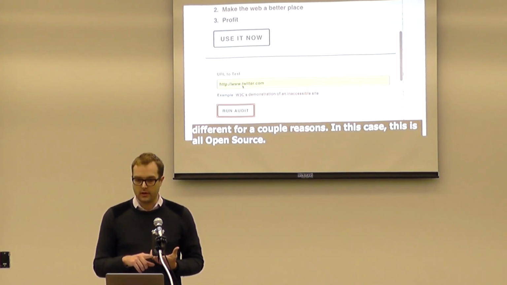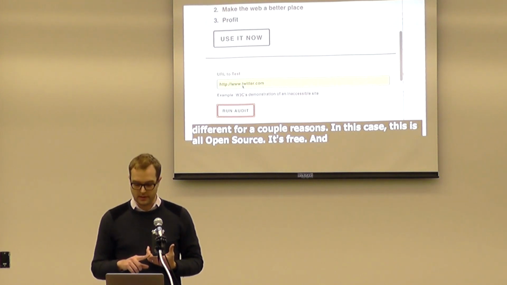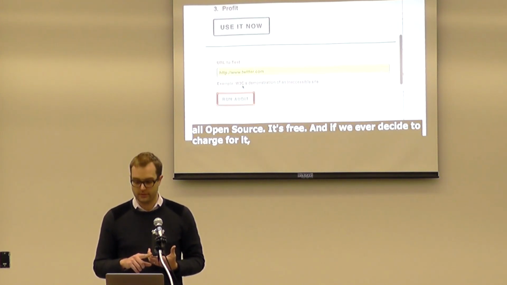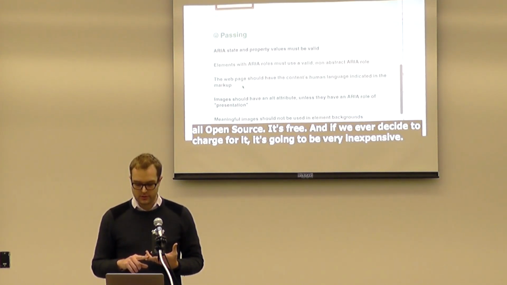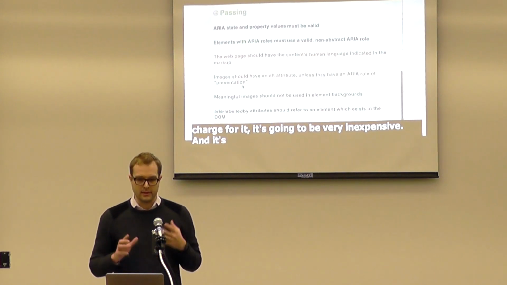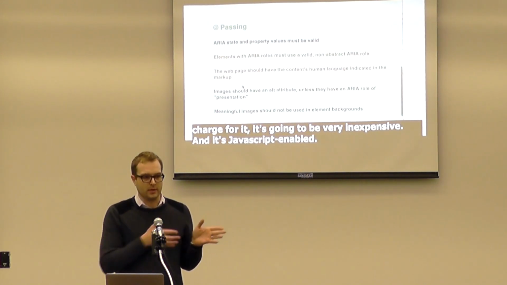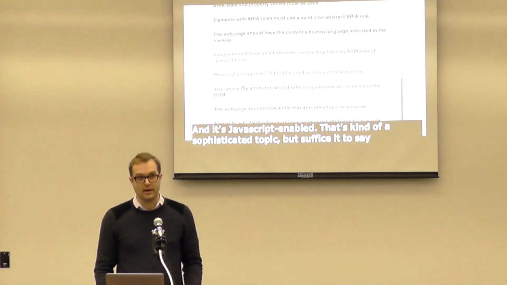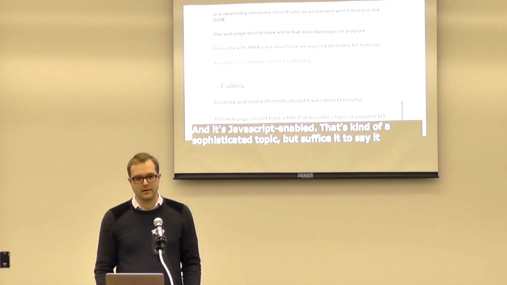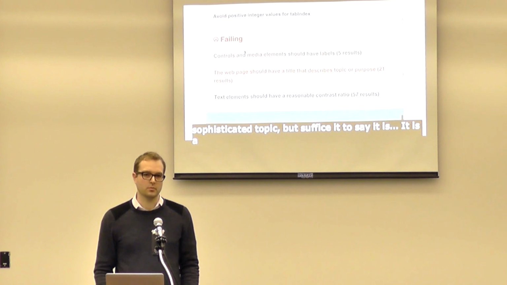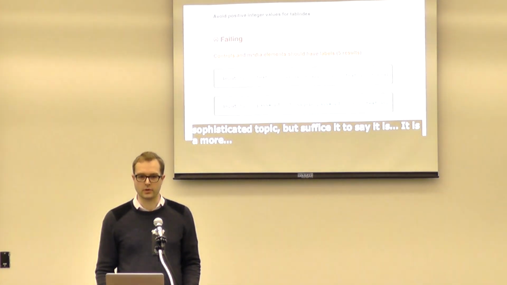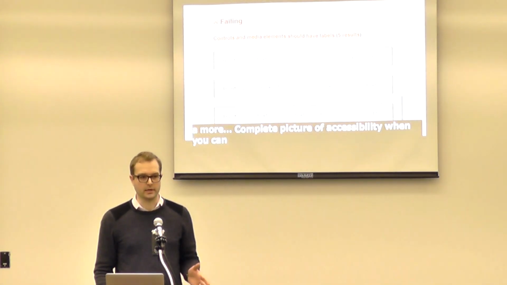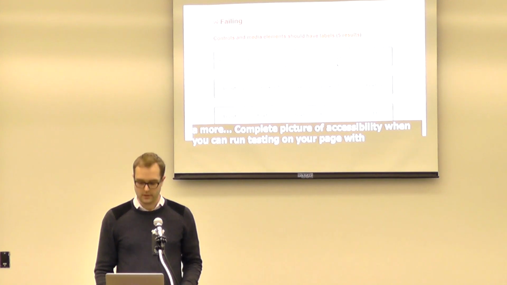It's free, and if we ever decide to charge for it, it's going to be very inexpensive. And it's JavaScript enabled. It's kind of a sophisticated topic, but suffice to say, it is a more complete picture of accessibility when you can run testing on your page with JavaScript enabled.